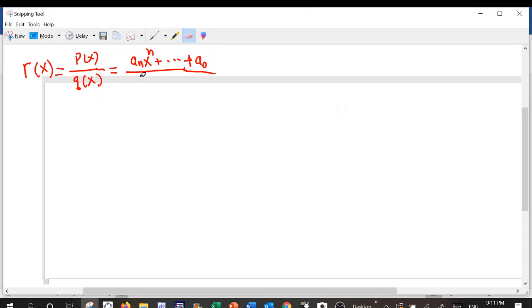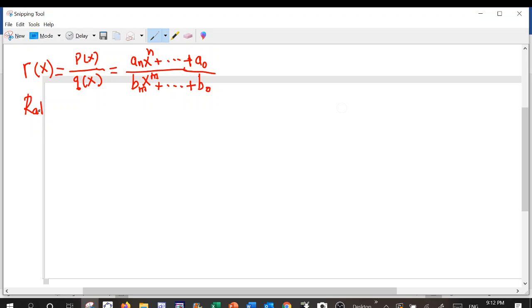and well, the denominator, I have to use different letters for the coefficients, and I'm also going to use a different letter for the degree, because it might be a different degree, right? So that would be a b sub 0 here. Okay, all right. If we have a function that is a polynomial divided by a polynomial, then we have something called a rational function.